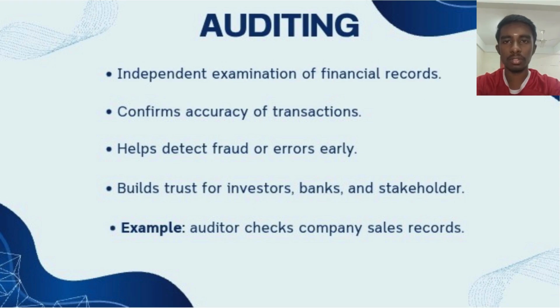Auditing is a process of independent examination of financial records, confirms accuracy of transactions, helps detect fraud or errors early, builds trust for investors, banks, and stakeholders. Example, auditor check company sales record.